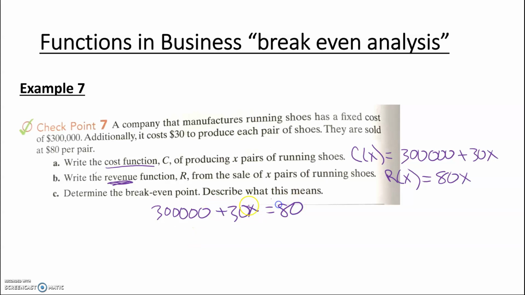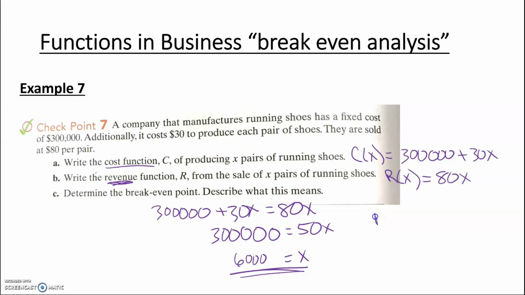We want it to equal 80x. So we're going to subtract 30x and divide by 50. You get 6,000. So that means we need to sell 6,000 shoes.